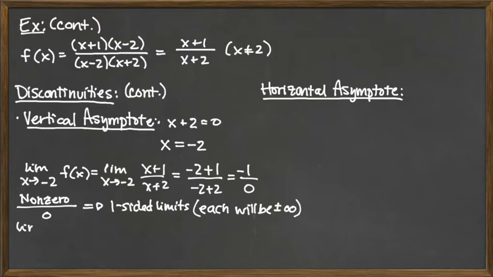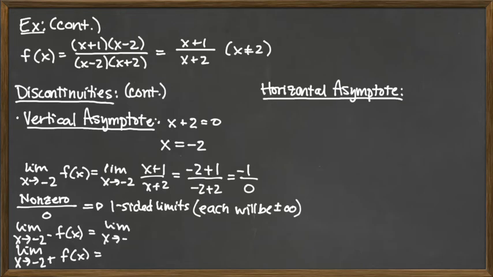So let's look at these one-sided limits. We've got the limit as x approaches negative 2 from the negative side of the function. And we've got the limit as x approaches negative 2 from the positive side of the function. We've got to figure out these individually. So let's do this. We can look at the reduced form.